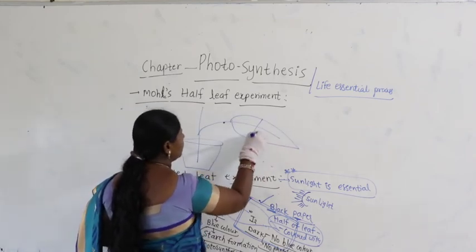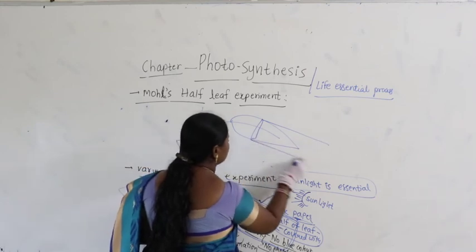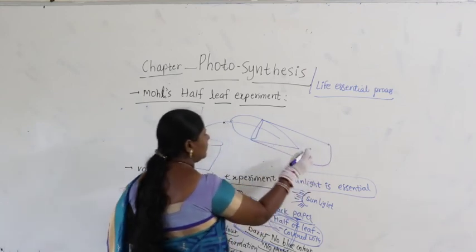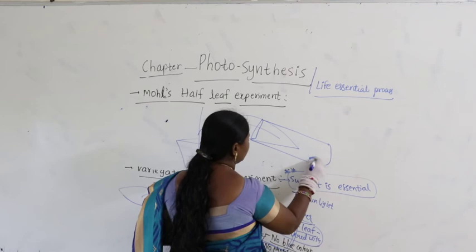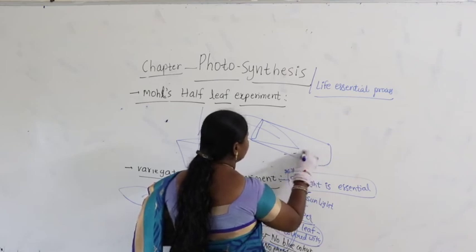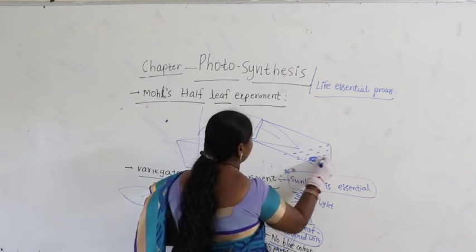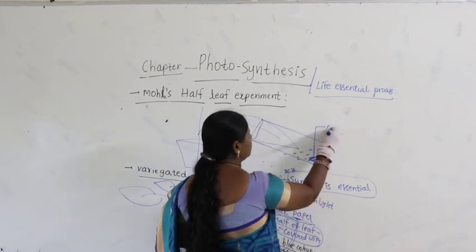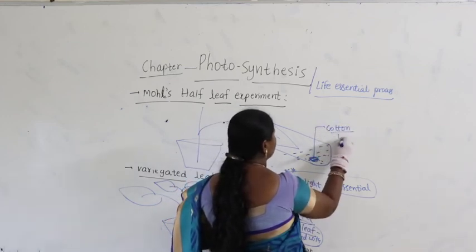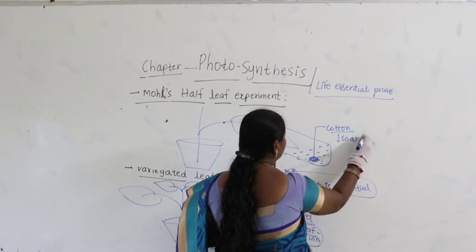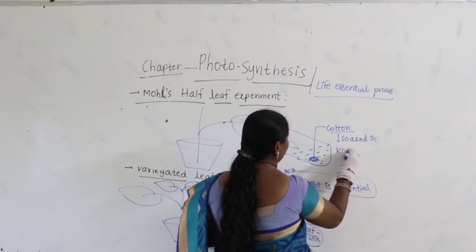is kept in a test tube that contains cotton. The cotton is soaked in KOH solution.